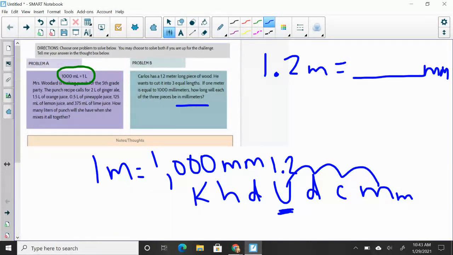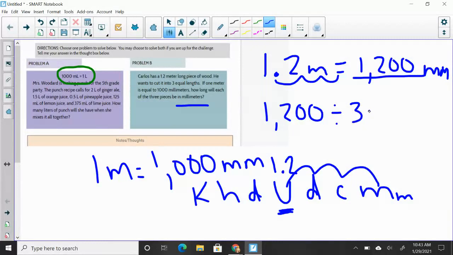So that would be 1,200 millimeters. So we need to take 1,200 and divide that by 3. Well, I know that 12 divided by 3 is 4.